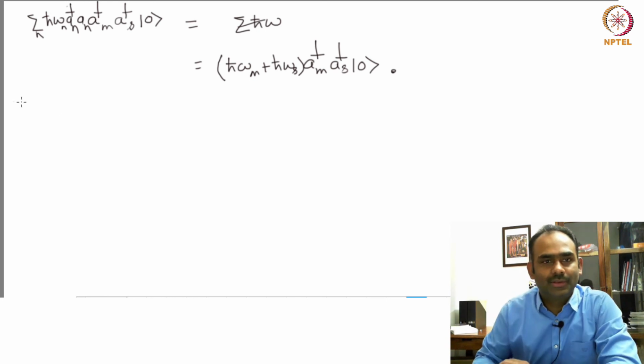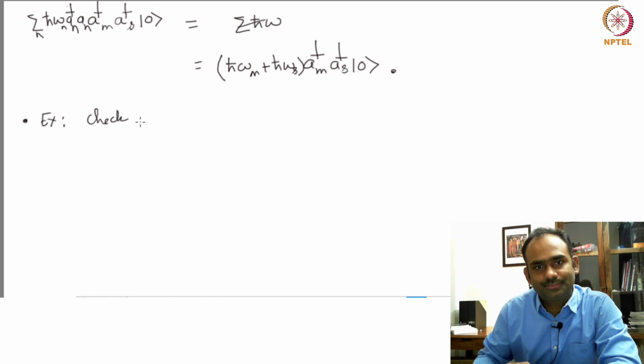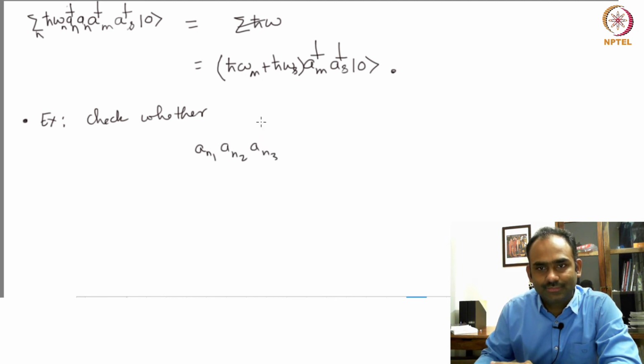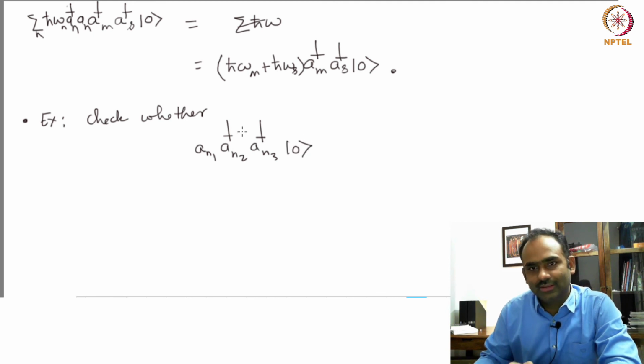I will give you one small exercise to do. Check whether, let's say, a_n1 a_n2 a_n3, this one, whether this one is an eigenstate of the Hamiltonian.